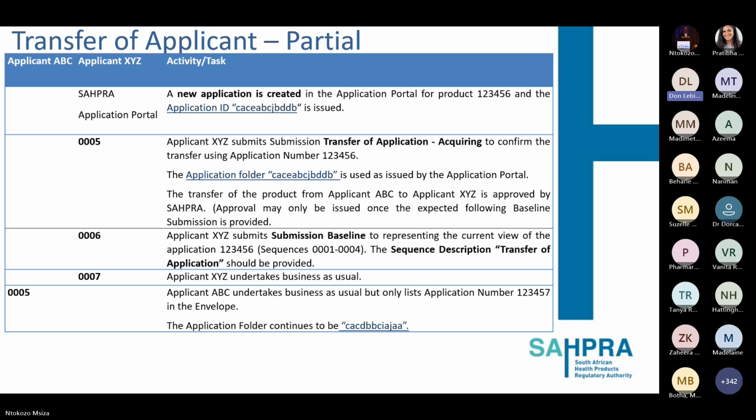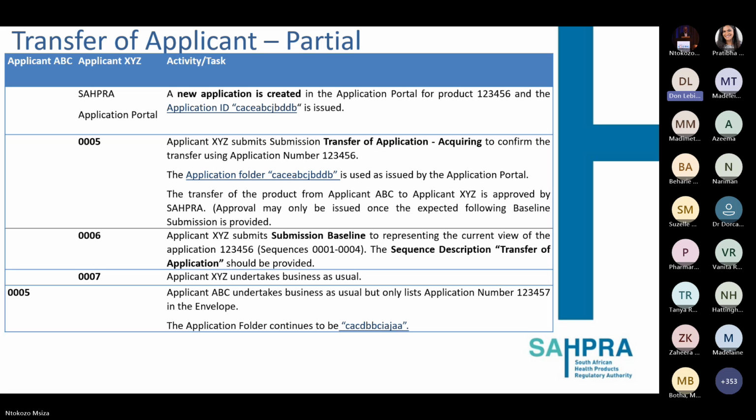Approval may only be issued once the expected follow-up baseline submission is provided. So who is providing the baseline? This would be the acquiring applicant for application number 123456. They would submit that on sequence 0006.